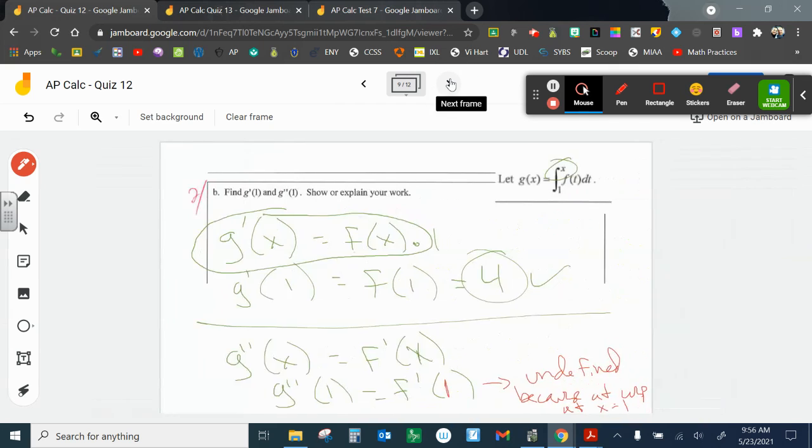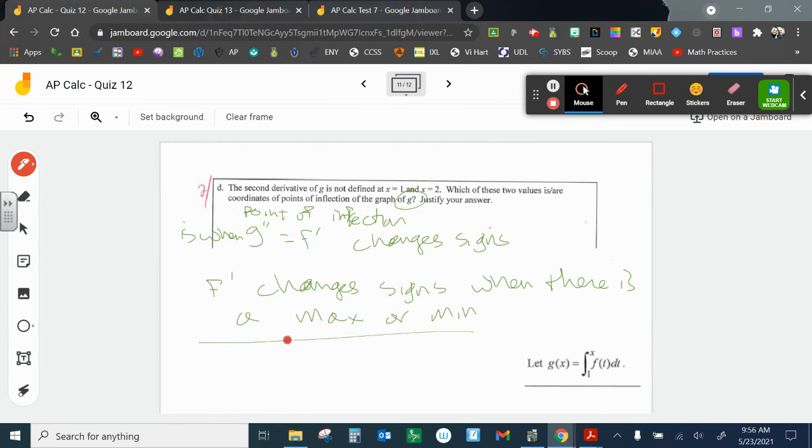So now let's go to part D. At x equals 1, there must be a point of inflection. And again, because f goes from increasing to decreasing, that means the derivative must have a maximum.